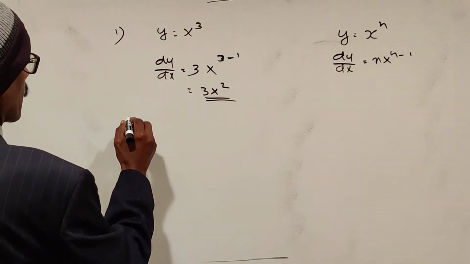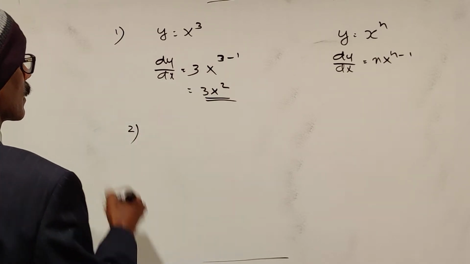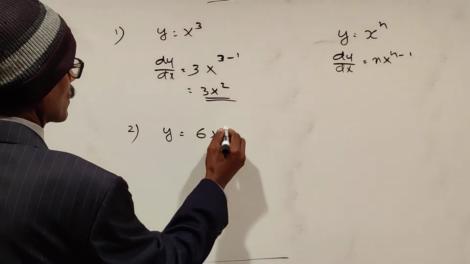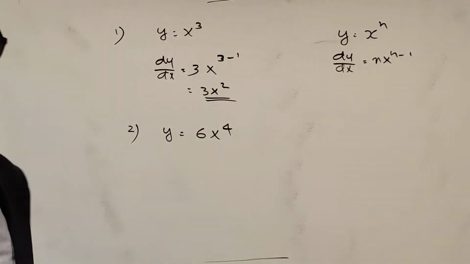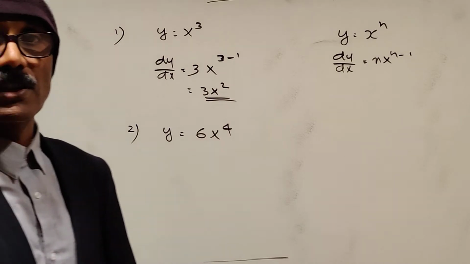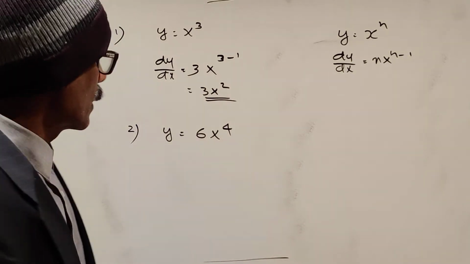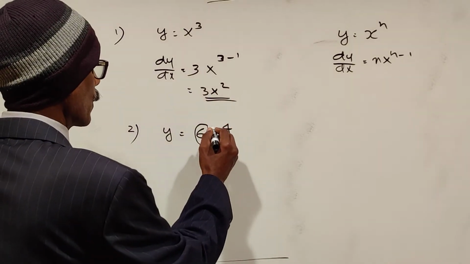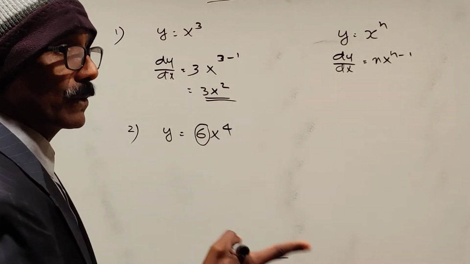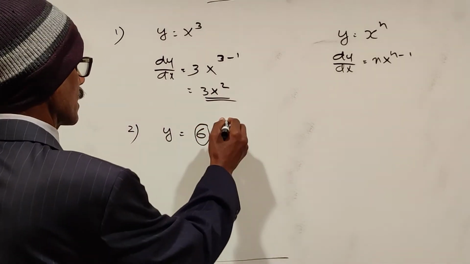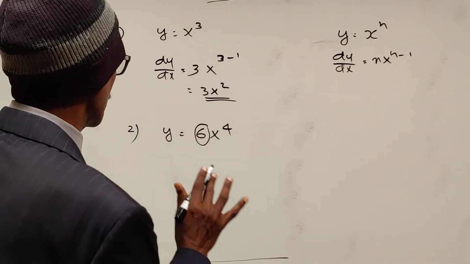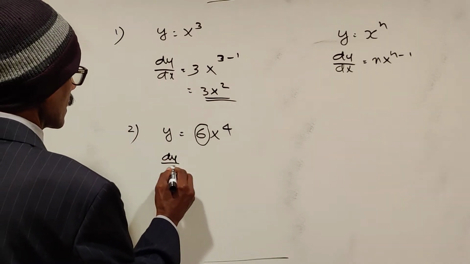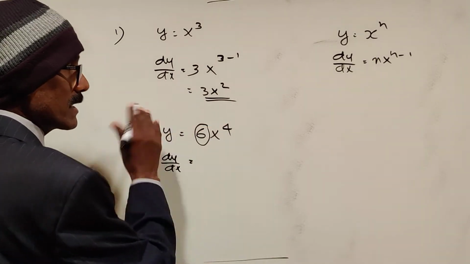Okay. Next one. Number 2: y is equal to 6x raised to 4. How can you differentiate this one? 6 is a constant, and x raised to 4, x is a variable, so this one is a function. The easiest method is dy by dx equals, just leave the constant.